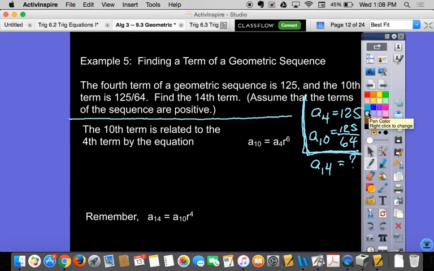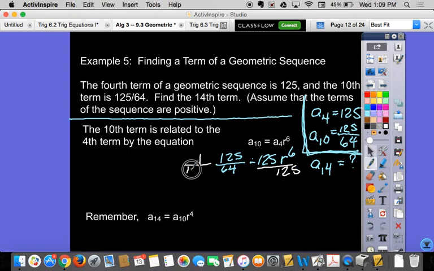If we did that, a sub 10 is this crazy fraction right there. a sub 4 is 125, r to the 6th. So if you divide by 125, that's the same thing as multiplying by 1 over 125. They cancel, gives you r to the 6th.